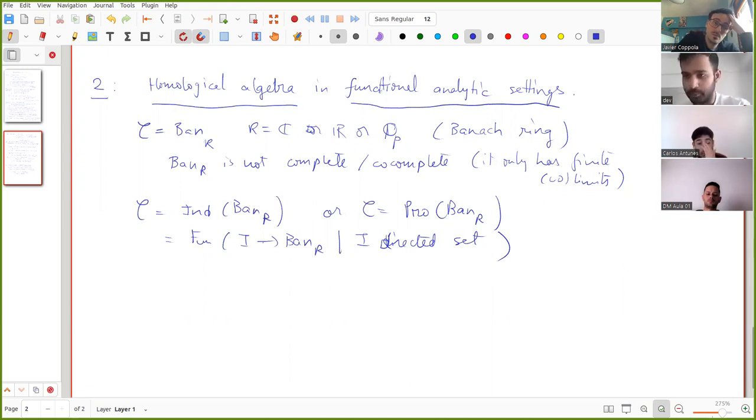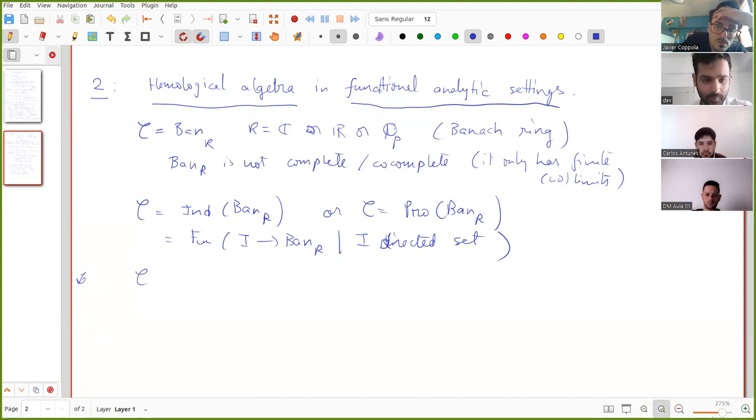Or you can take the pro-completion, but the category I prefer to work in is the category of inductive systems of Banach spaces. And why do I prefer to do that? It's because it is also a closed symmetric monoidal category. And what do I mean by that?